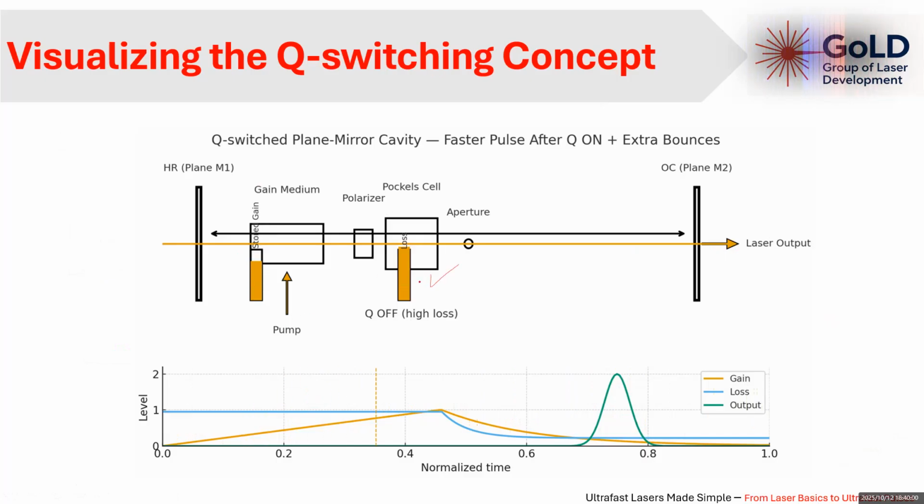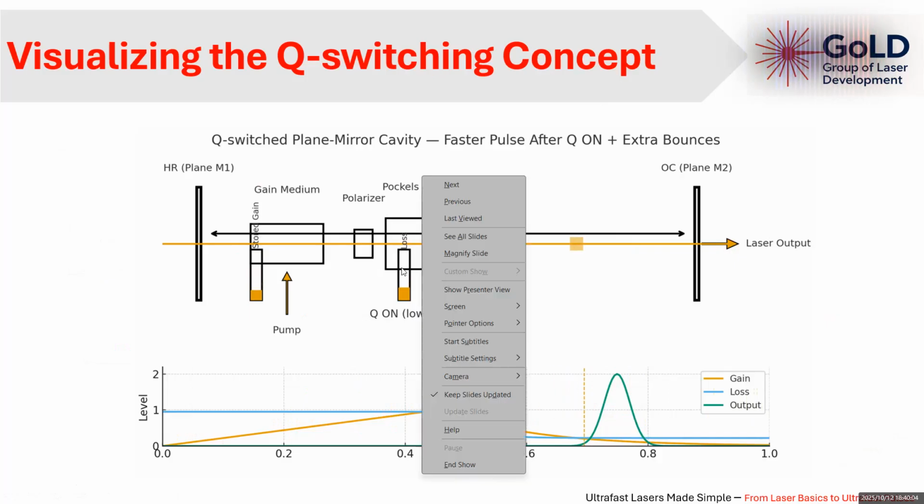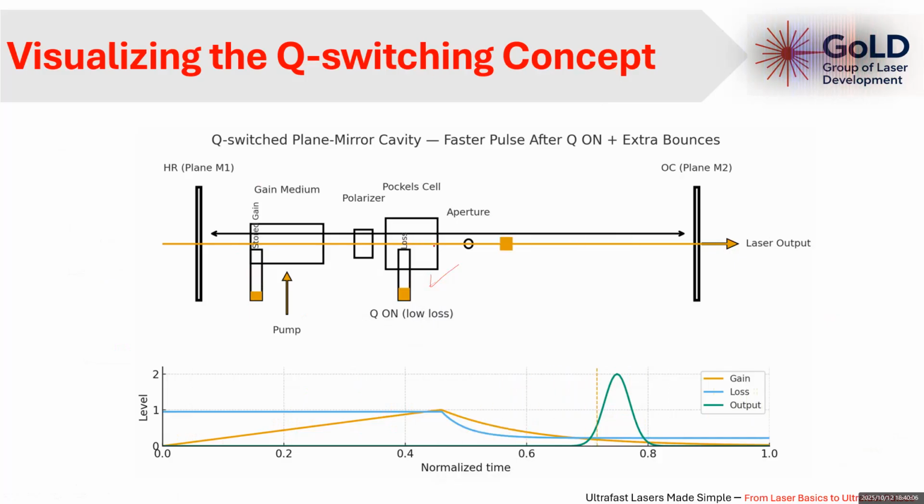Okay, now it's low losses, the beam passes through. Okay, this is the Pockels cell, and this is your gain medium. So these are just like a graph showing how it builds up here and how this Pockels cell is operating. It's blocked here, it's building up here.